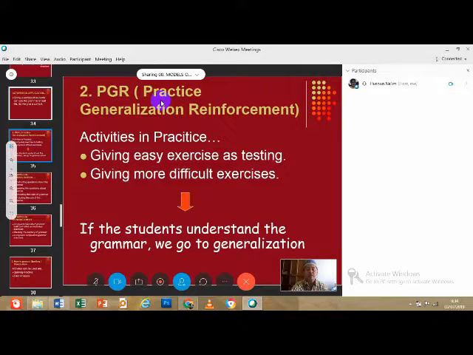PGR, in brackets, practice, generalization, and reinforcement. Activities in practice: giving easy exercises as testing, giving more difficult exercises. If the student understands the grammar, we go to generalization.